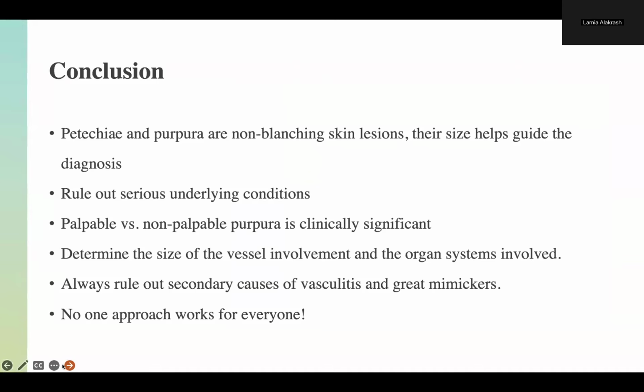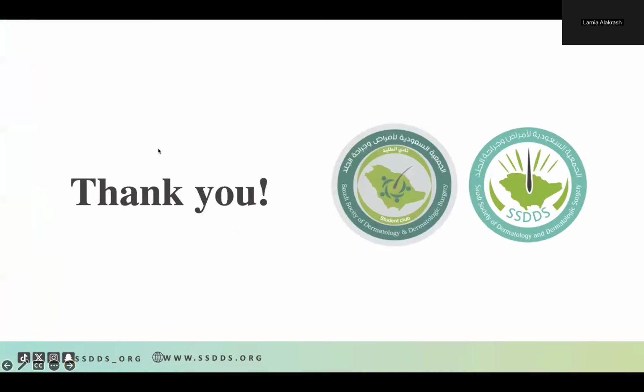And again, you have to determine the size of the vessel involvement because it may predict the prognosis and the extent of systemic involvement as well. Rule out secondary causes and great mimickers. And always remember, in vasculitis, there's no one approach that works for everyone. So by this, I conclude my presentation and feel free to ask questions.